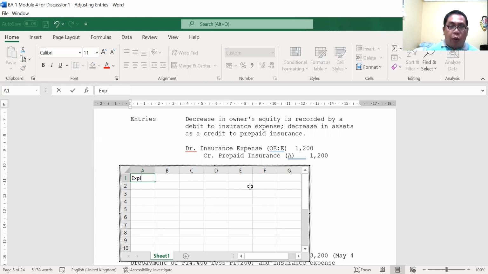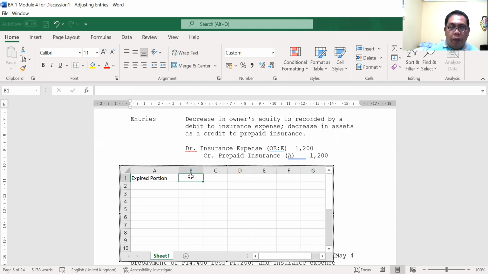That is in this example. But if, for example, it is the end of the period, then we have to count.